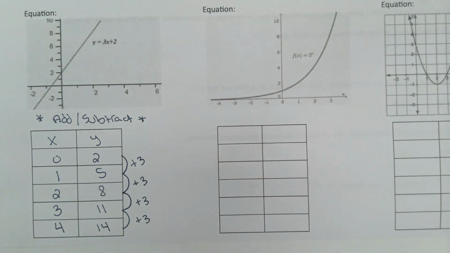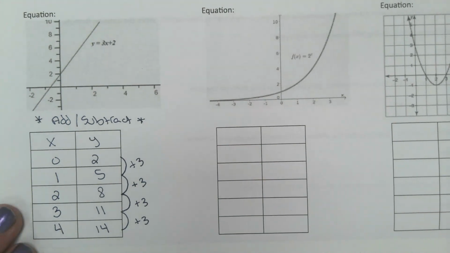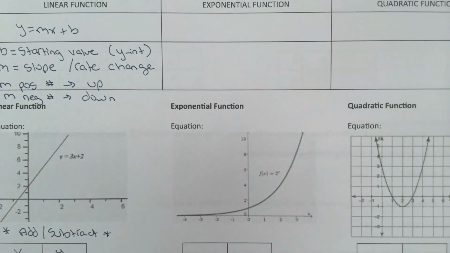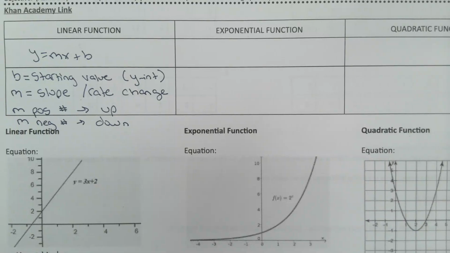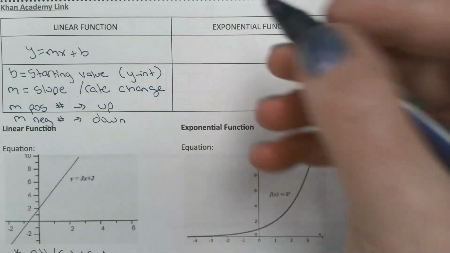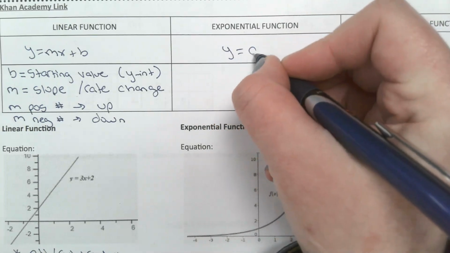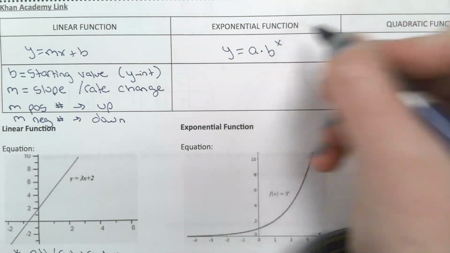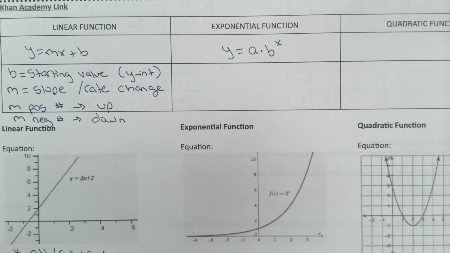We have not had a great deal of exposure to exponential functions, but we will a little bit in this unit, and a lot in a future unit. An exponential has the form y equals a times b to the x.